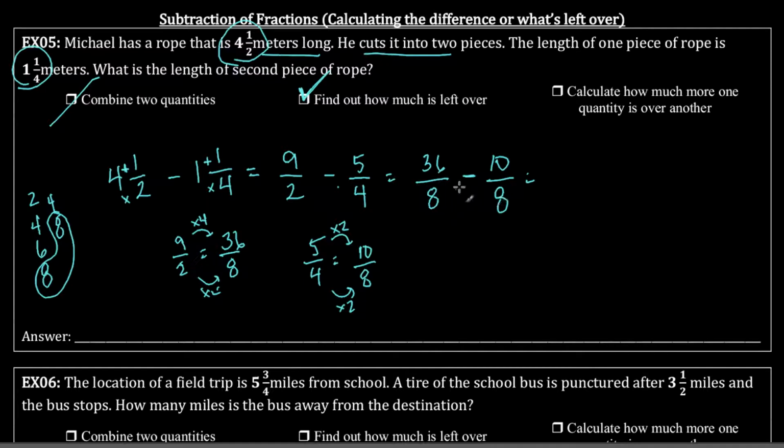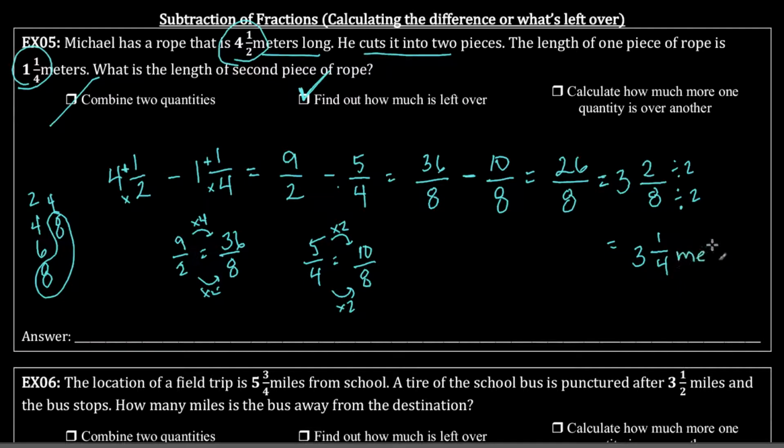So 36/8 minus 10/8 is 26/8. How many wholes can I pull out? Well, I go 8, 16, 24. So that's 3 wholes. So 24, and then how much left over? 2. 2 what? 2/8. And I can reduce, and I get 3 1/4 meters.